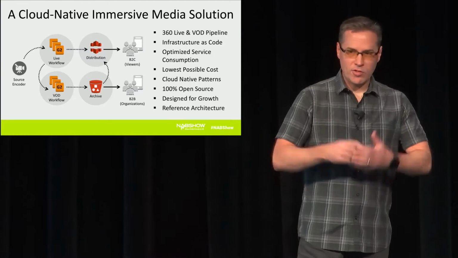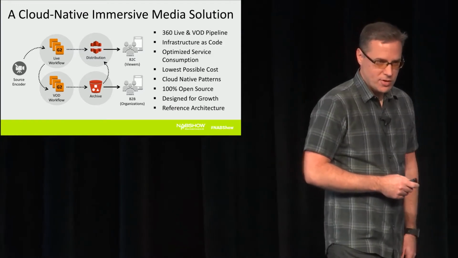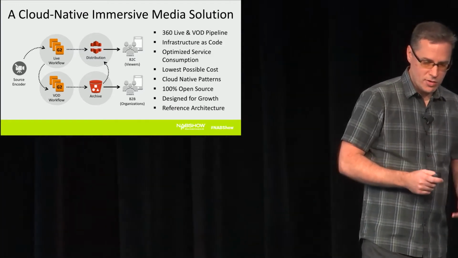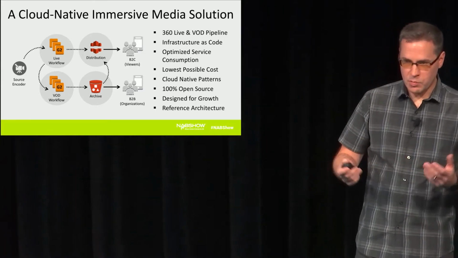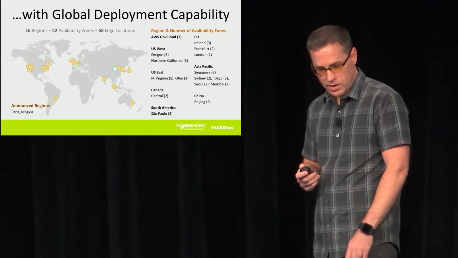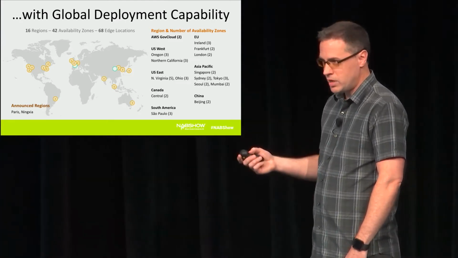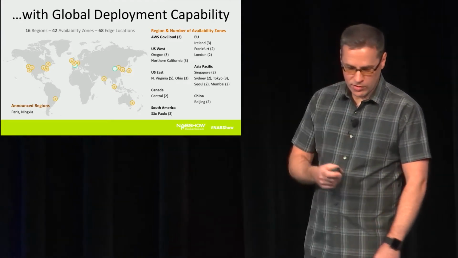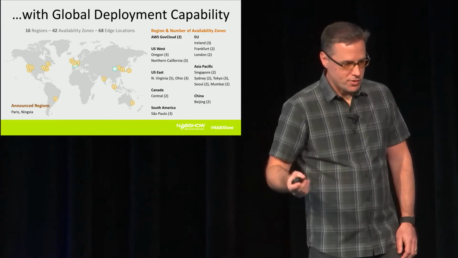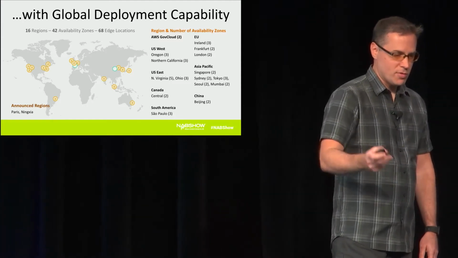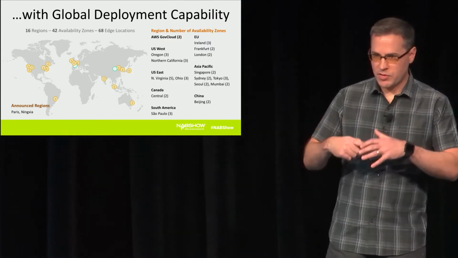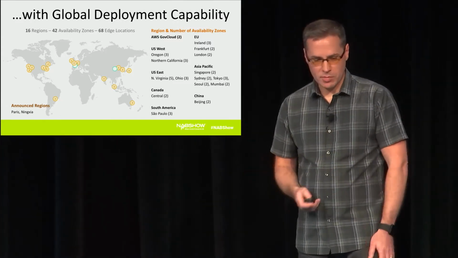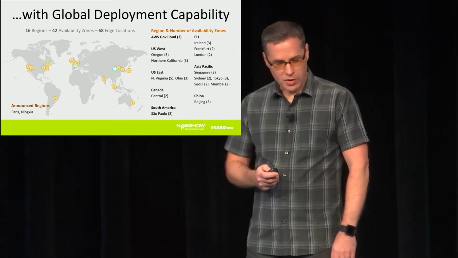So not consuming every AWS service we can, but only a few, so that customers are able to repurpose and utilize it efficiently, and then be able to deploy globally, so across all 16 regions, 42 availability zones, and through 68 edge locations. So really it comes down to CloudFormation to be able to do this part of the puzzle.